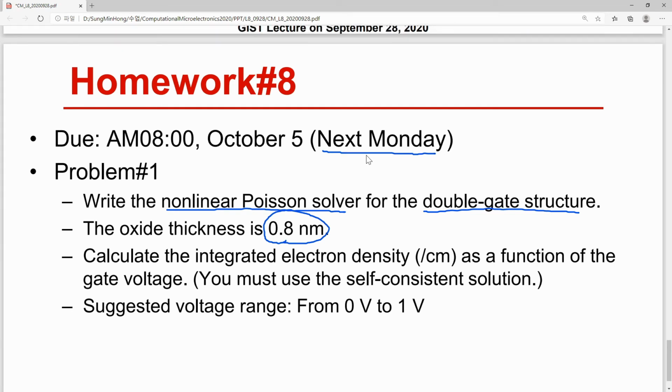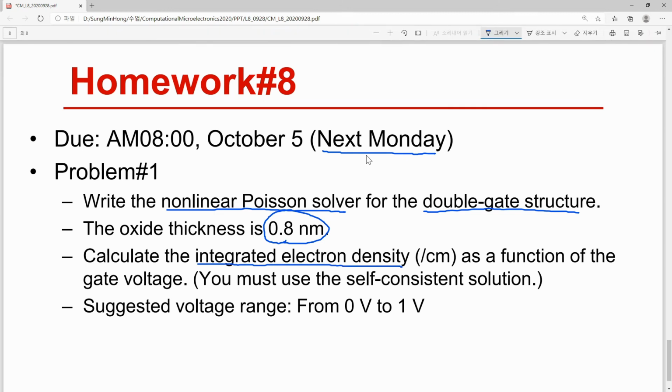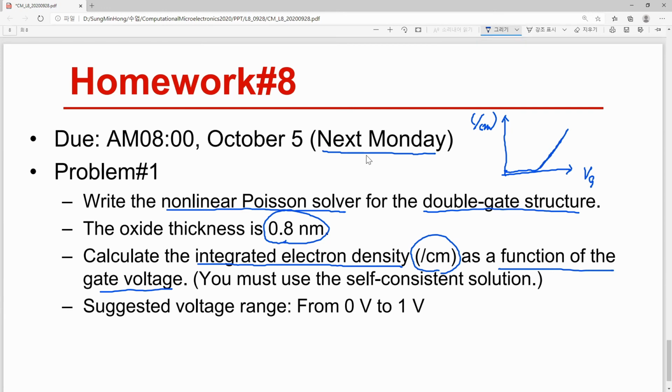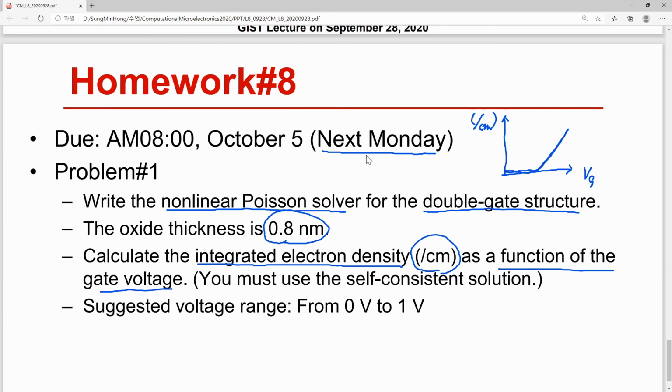And after the calculation is over, please show the integrated electron density, which is written in the unit of per centimeter, as a function of the gate voltage. Maybe you will find certain things. So gate voltage and your integrated electron density per centimeter shows something like this if written in linear scale.